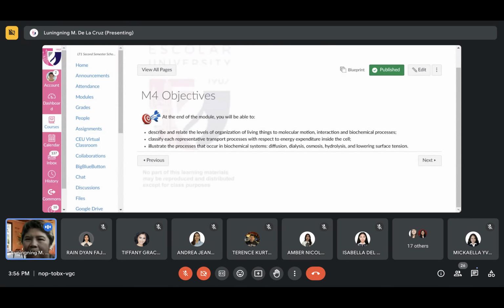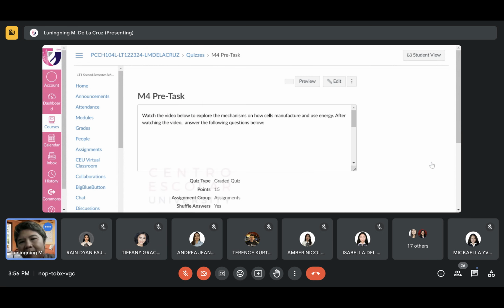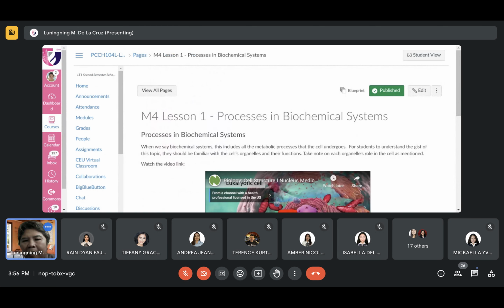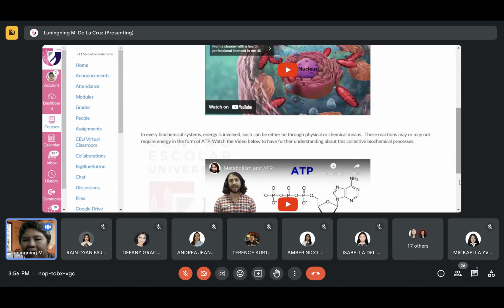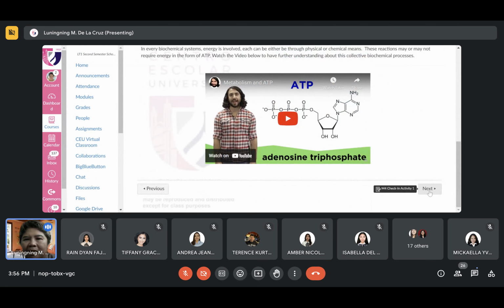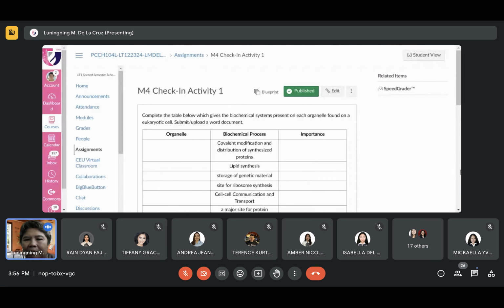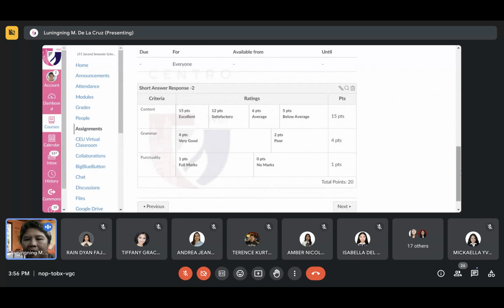Okay. So, naku, meron pa palang metabolism at catabolism. So, we will be working on biochemical systems by next week. Okay. So, we will be working on biochemical processes.